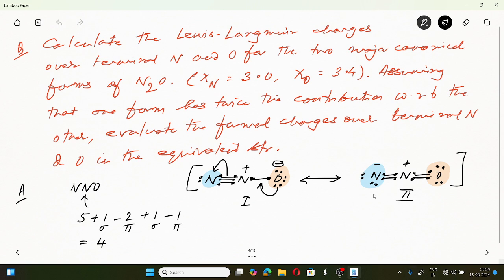So if we want to calculate the actual formal charge of the equivalent structure, the equivalent structure means N-N-O, like this. This structure will have twice the contribution, so it is 2:1, as we can see.